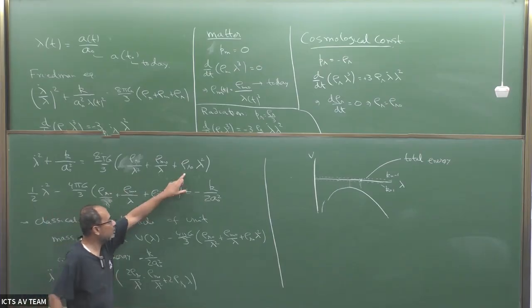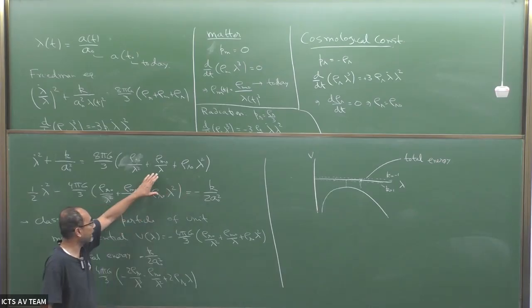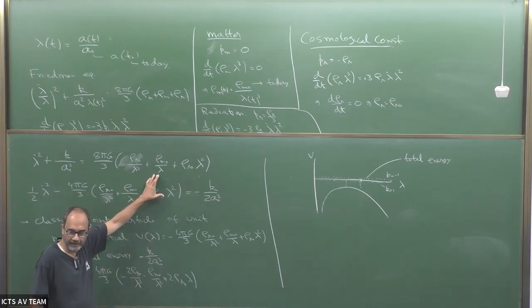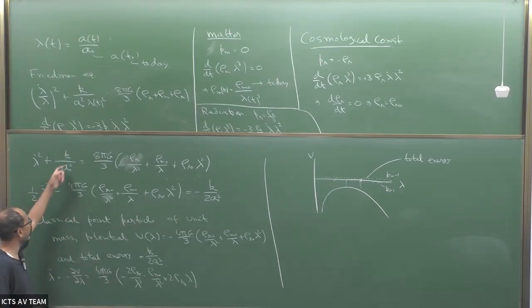In the future, this one will remain much larger than K over A0 square. In the past, this will remain much larger. So neither in the future nor in the past will this term have any significance. Is it clear?